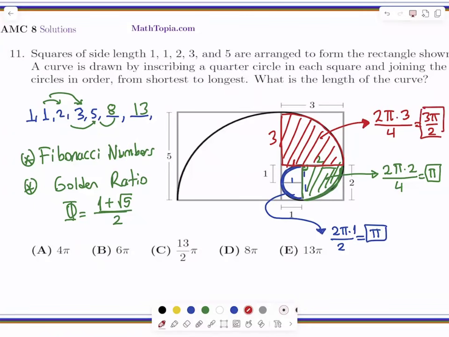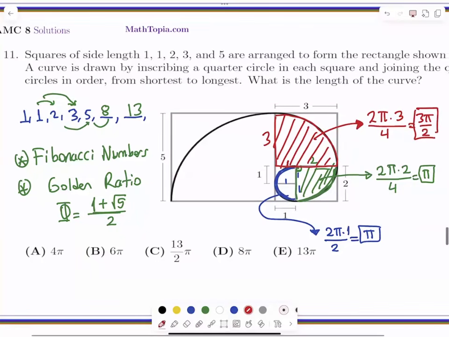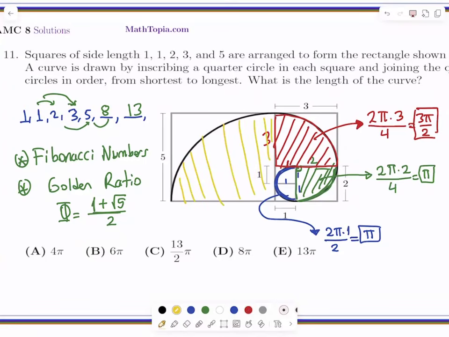The final one, Yusuf, what is the final one? We combine all of the terms and we get 5. Are we also thinking it's the longest one? Yeah.